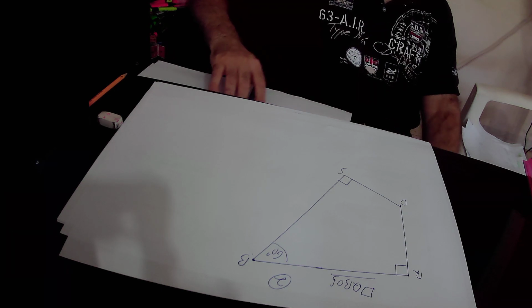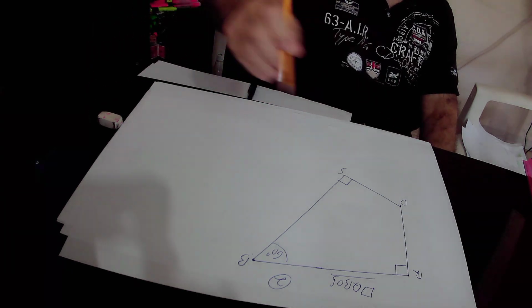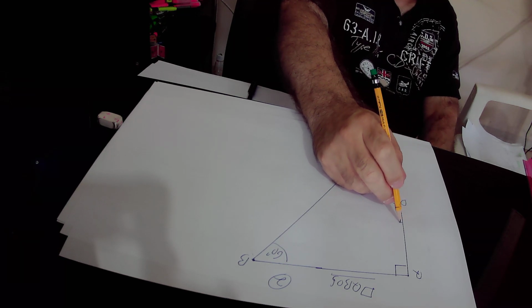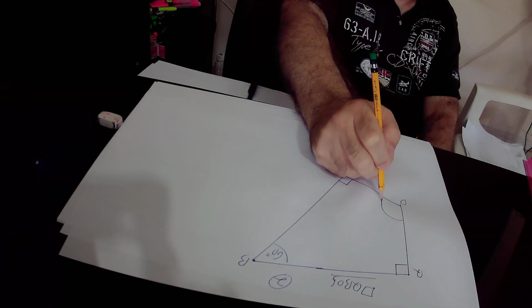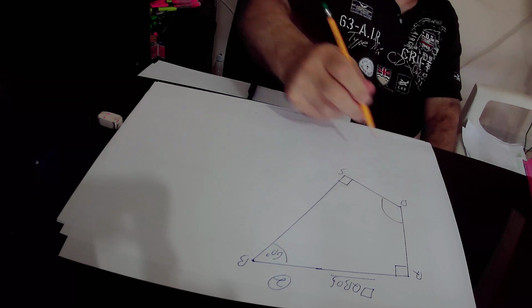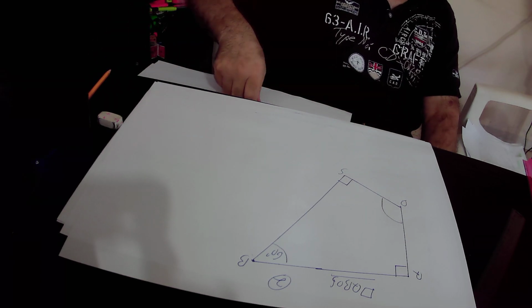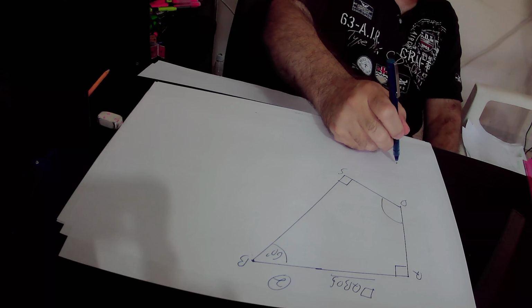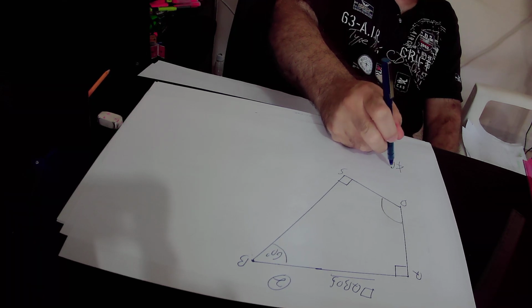In quadrilateral QBOS, this angle is the missing angle. So what is the size of the missing angle, angle QOS?